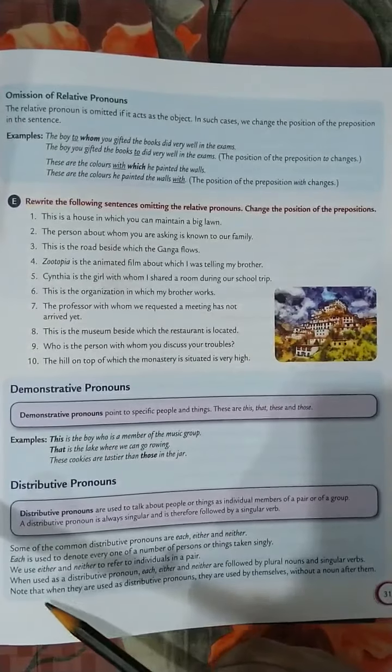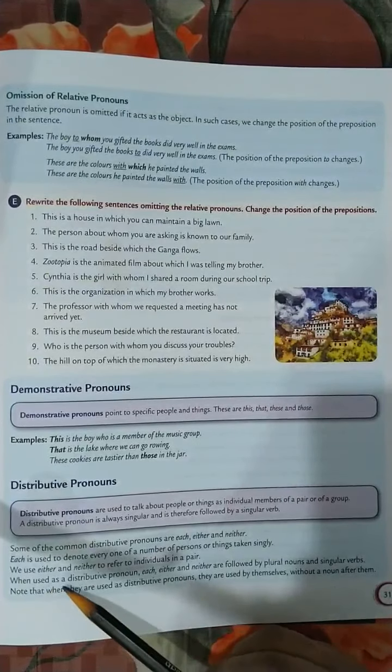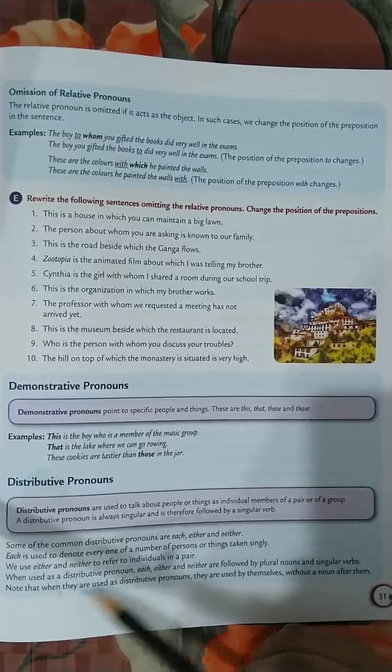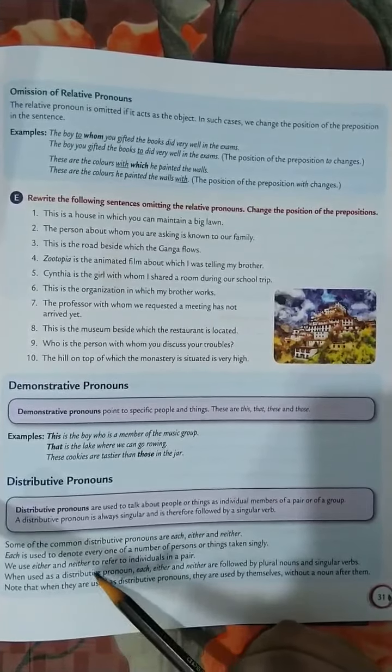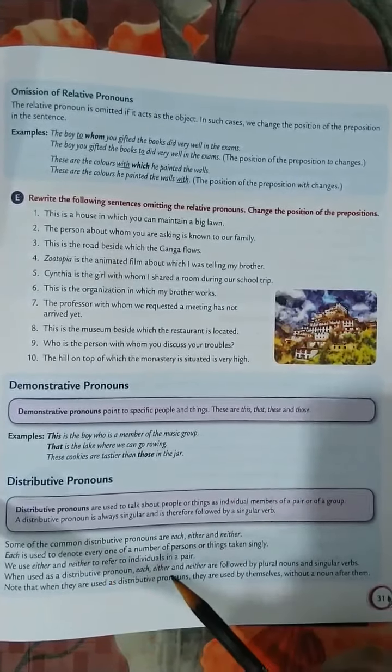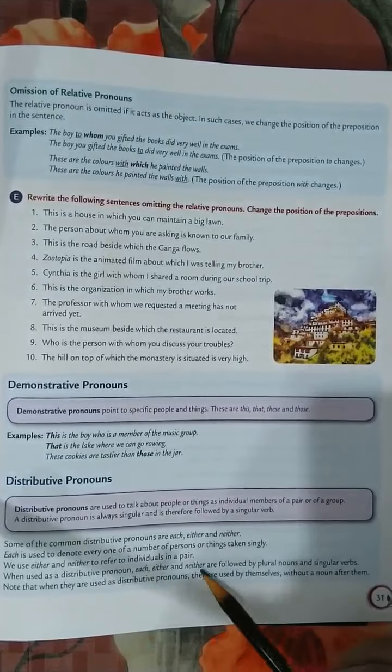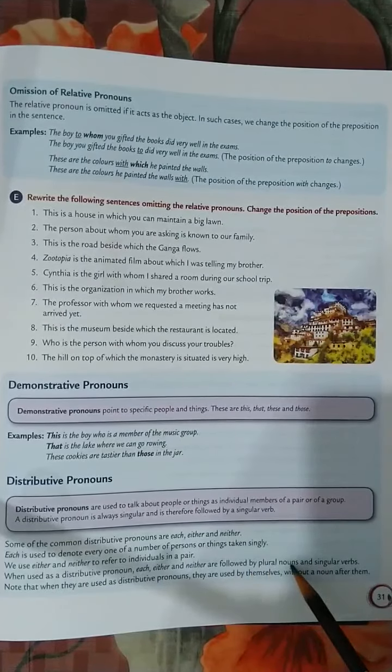Now next one is when used as a distributive pronoun. When used as a distributive pronoun, each, either and neither are followed by a plural noun and a singular verb.